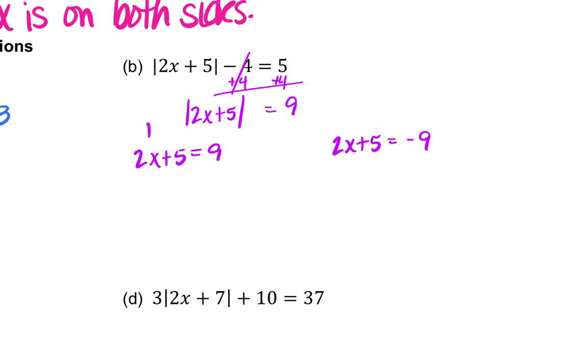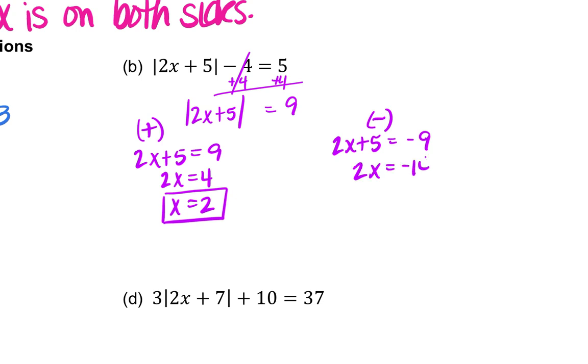You have to have your positive side and your negative side. I'm going to subtract 5 from both sides. That gives me 2x = 4. Divide by 2. x is 2. Subtract 5 here. On this one, I get 2x = -14. Divide by 2. x is -7.